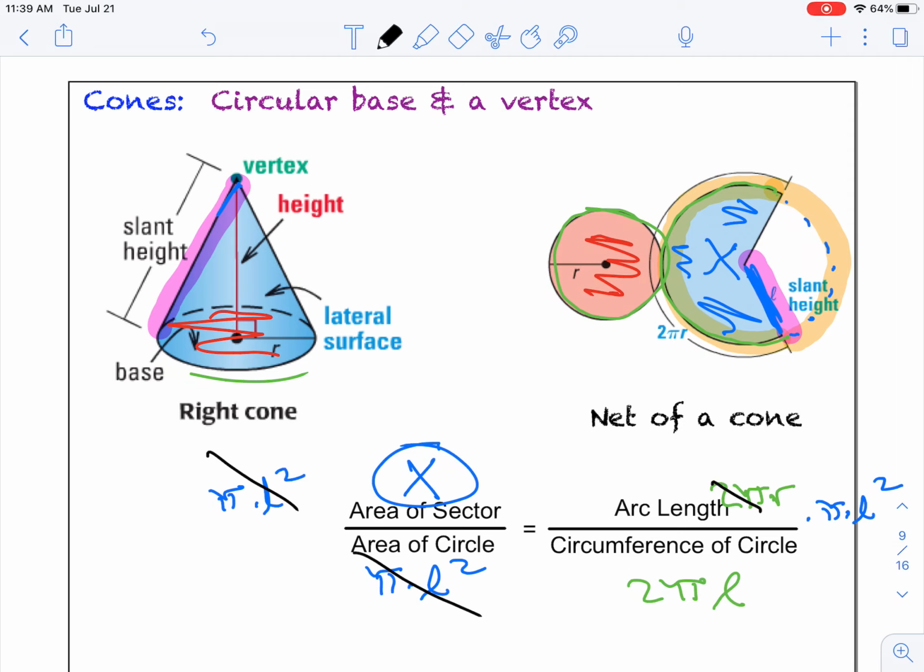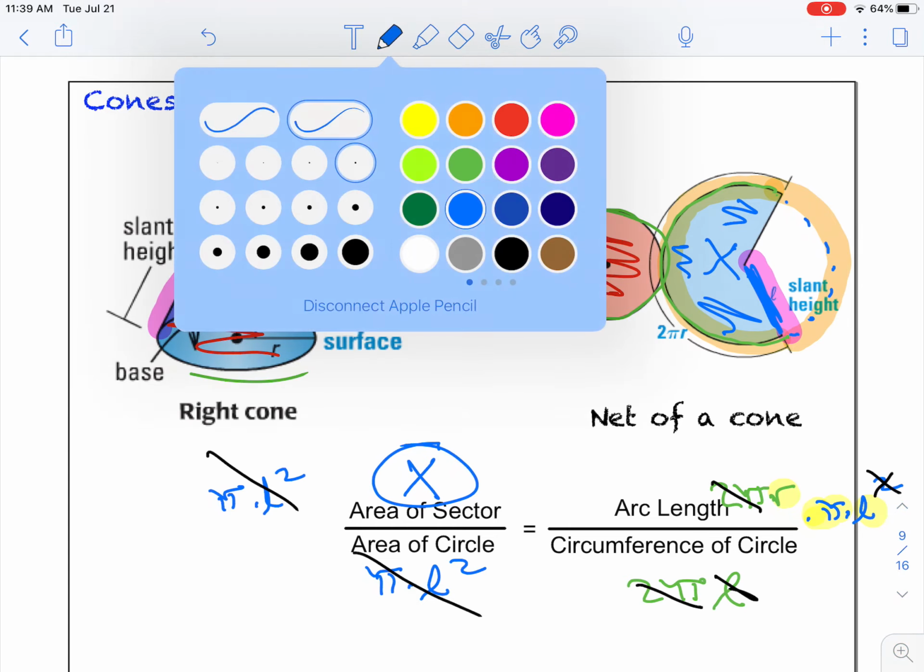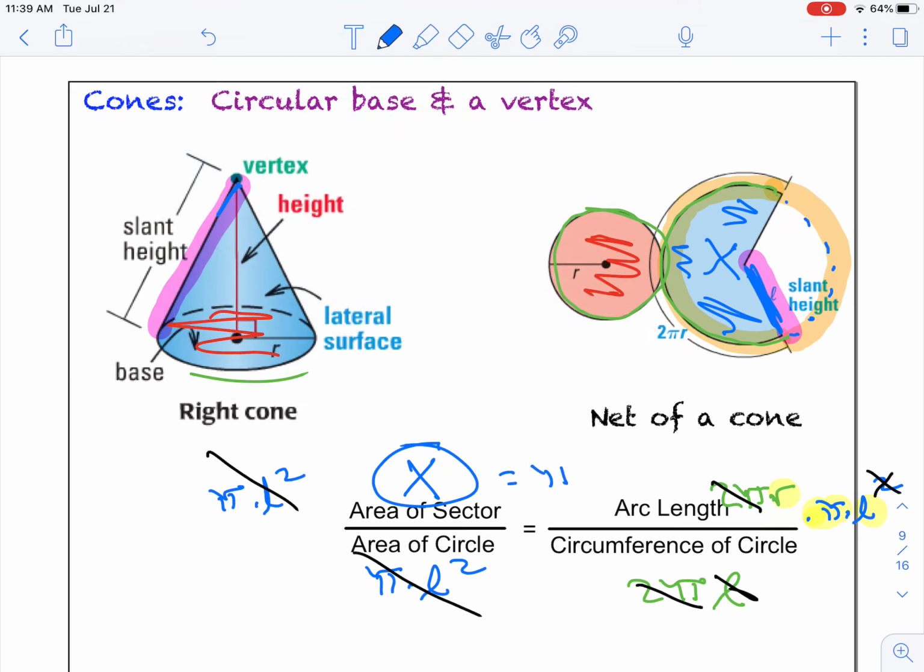And our 2 pi's cancel out. And one of the L's right here is going to cancel with one of those L's. So the only thing you have left here is an R and a pi and an L. And so what we have is pi RL is what x is equal to. So x is equal to pi RL. And that's the area of that sector.